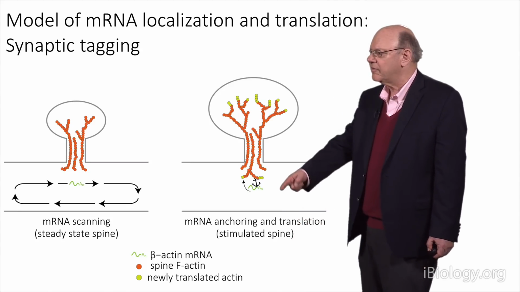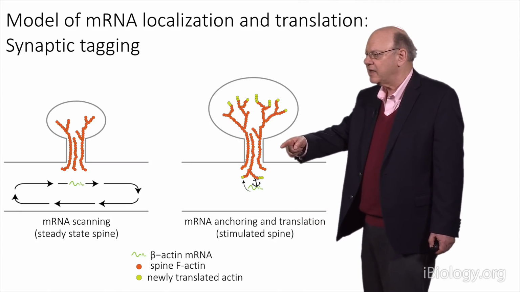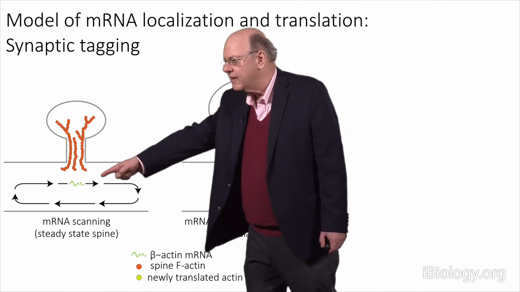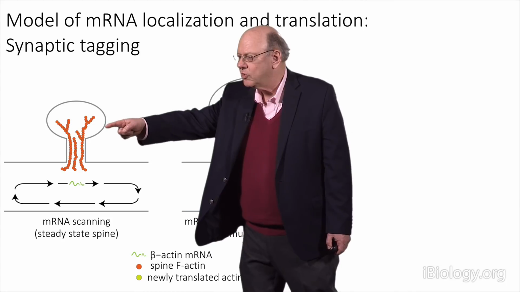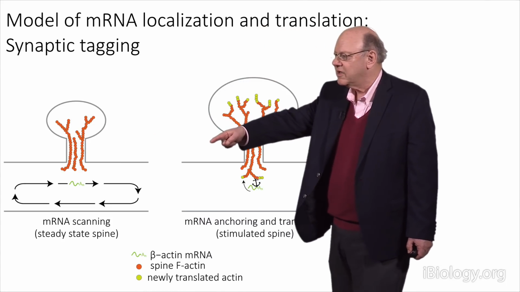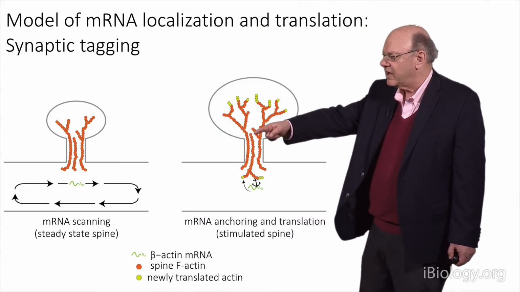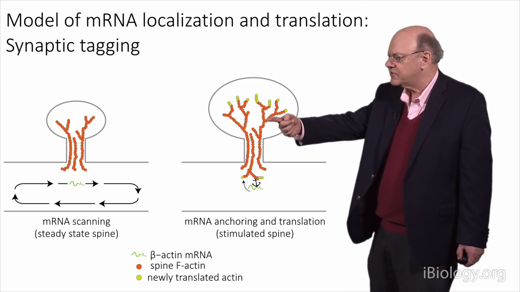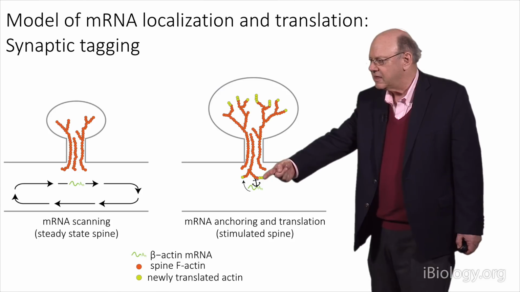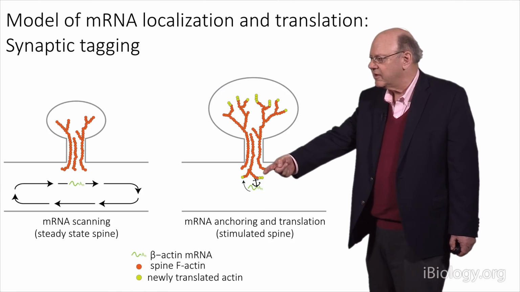So here's the model of how it works. The RNA is cruising around, looking for action, and then you get an activated synaptic dendritic spine here that's sort of an ersatz synapse, and the RNA comes and localizes there. And we know one thing about what's required.